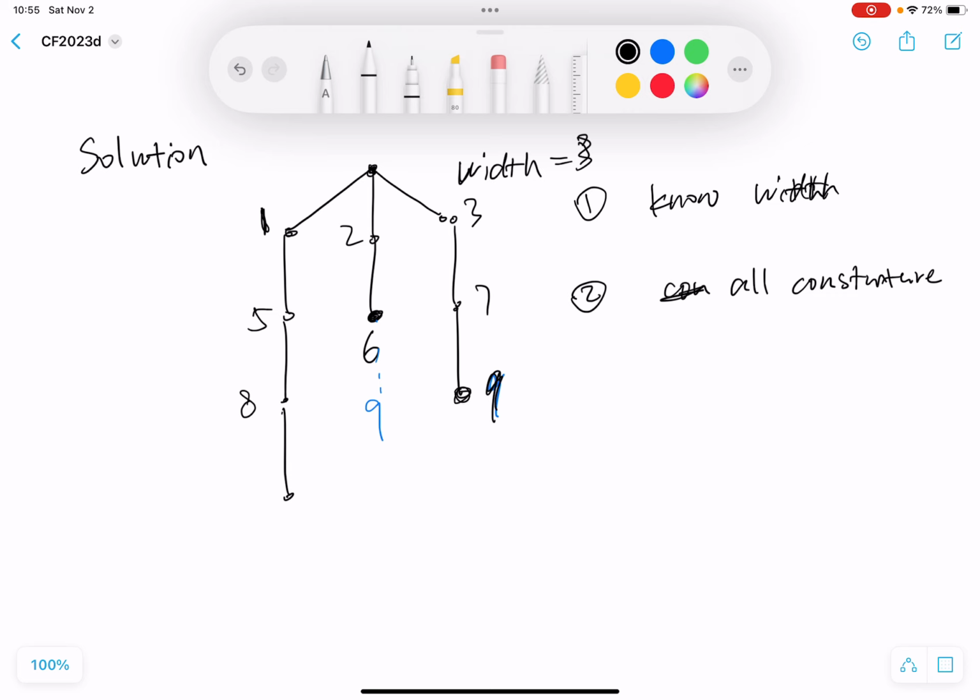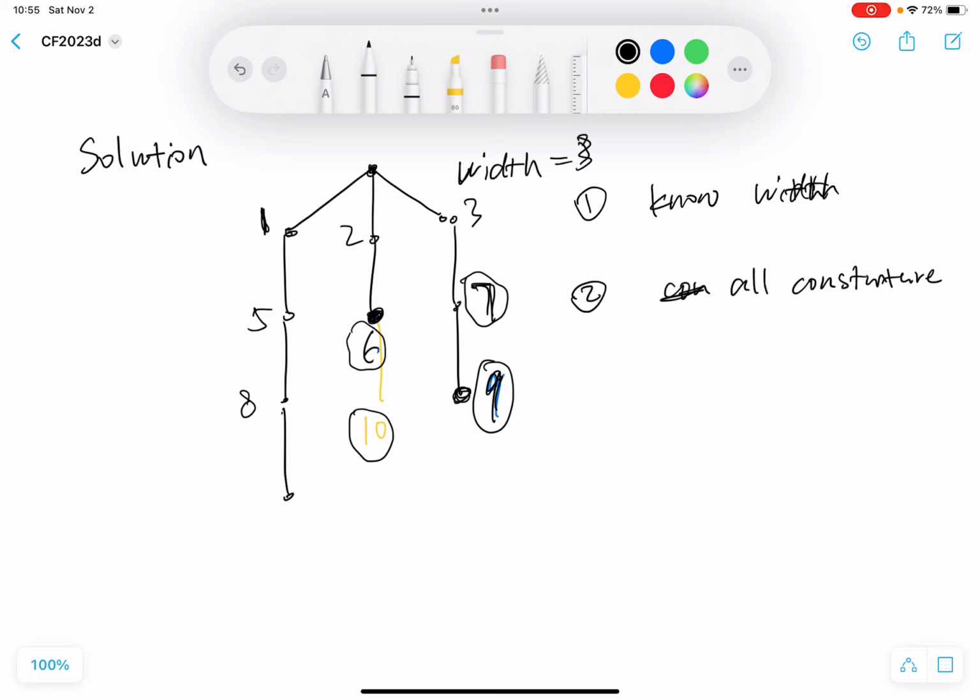That means if 9 is the child node of 7, there will never be a child node for node 6, because let's assume there is another node for 6, for example, 10. If 9 is less than 10, but their parent 7 is larger than 6, this cannot meet the requirements of the second limitation.